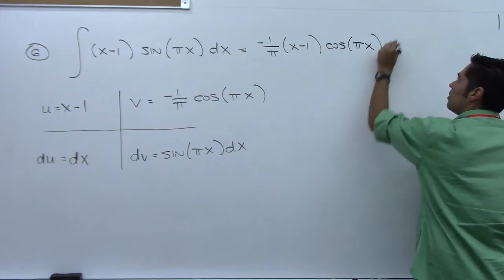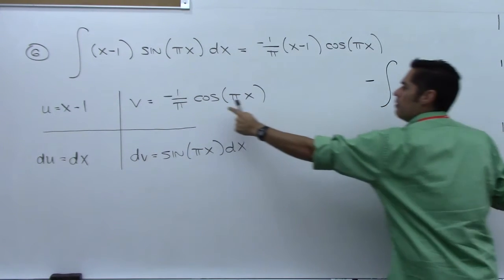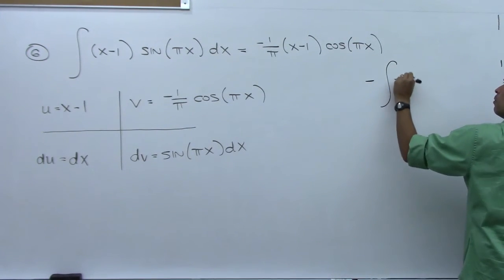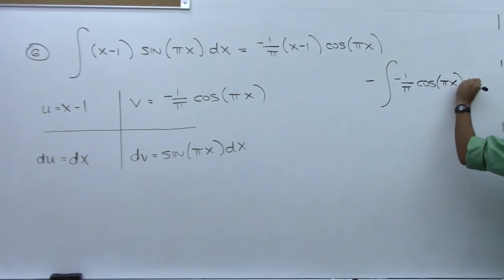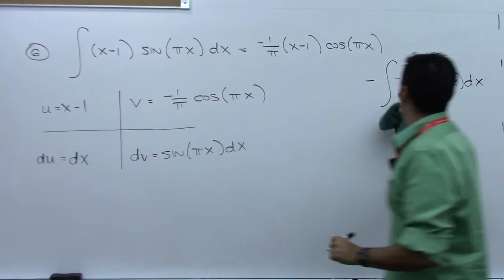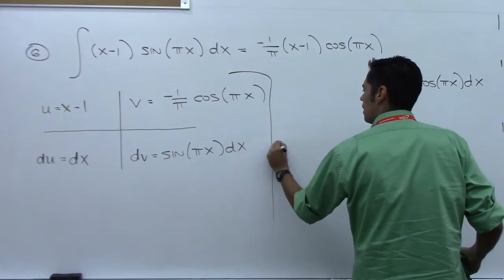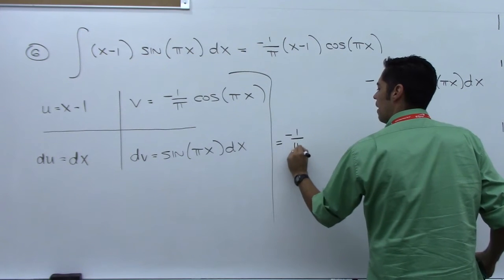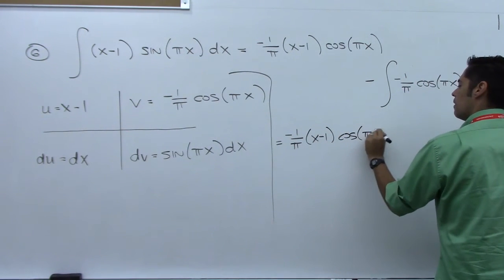Okay, minus integral, I'm going to run out of room, so minus integral of this, negative 1 over pi cosine pi x dx. And the negative and negative become plus, so this equals negative 1 over pi x minus 1 cosine pi x.